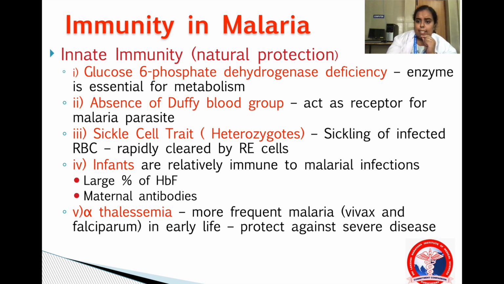Sickle cell trait: sickling of the infected RBCs leads to clearing of those cells by the reticuloendothelial cells in the spleen. Infants are relatively immune to malarial infection because of the large percentage of hemoglobin F and maternal antibodies. Alpha thalassemia, with more frequent vivax and falciparum malaria in early life, protects against severe disease.